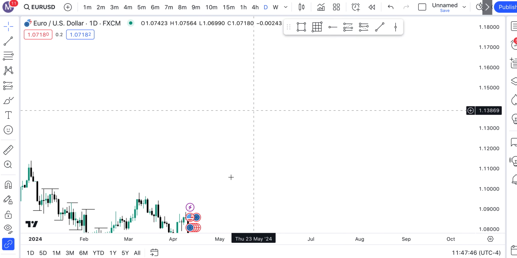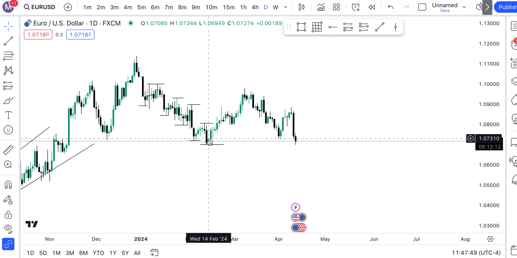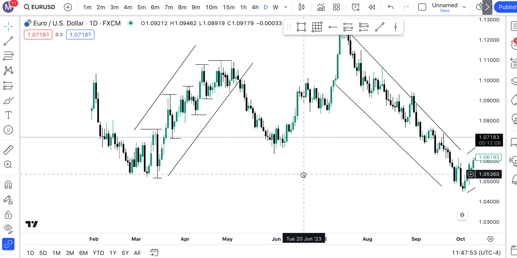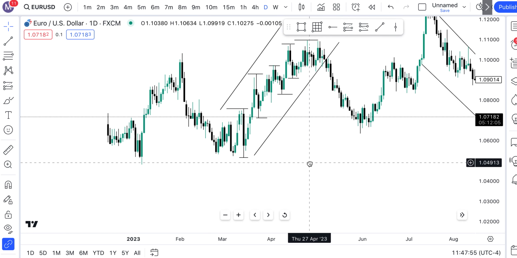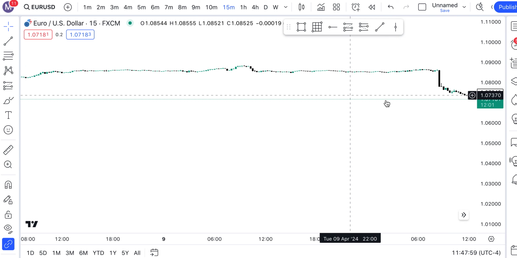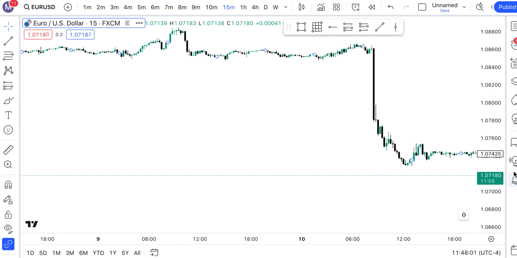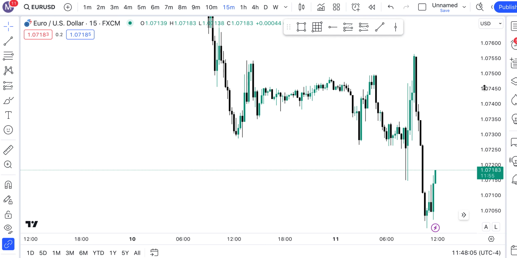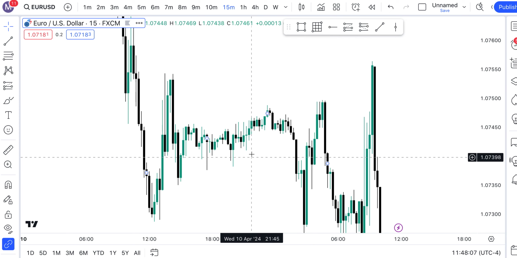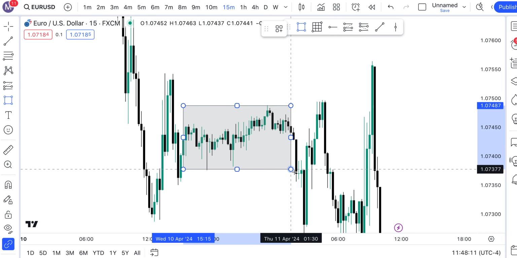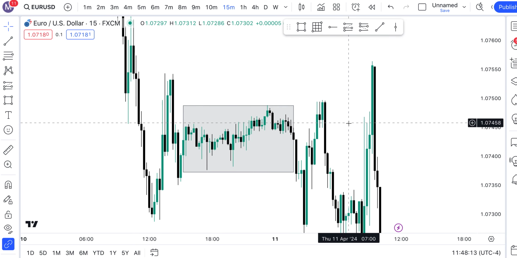Price isn't always in a trend. Sometimes we have consolidation periods, like here. So look at this whole range here.